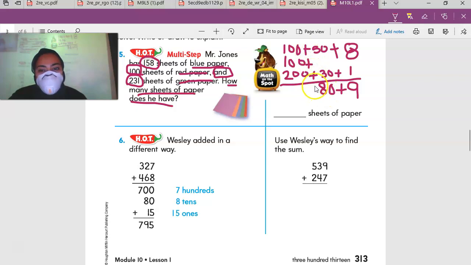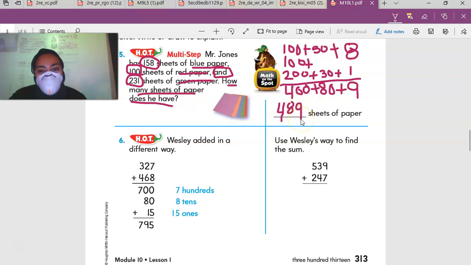Bring the plus sign down. 0 plus 0 is 0. 0 plus 0 plus 0 is 0. 1 plus 1 plus 2 is 4. What's your answer? 489. That's pretty simple, right?